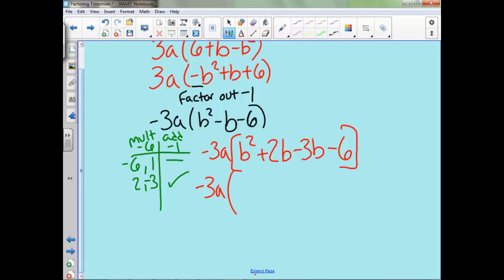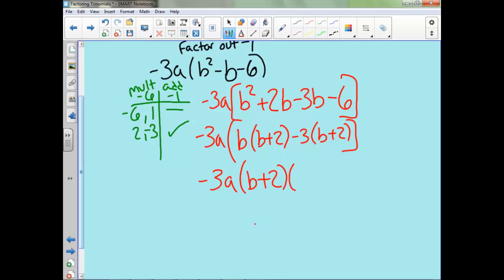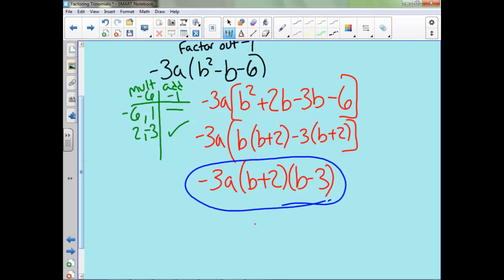And so out of the first two, we can factor out a b. Now these second two, we can factor out a negative 3. So then we've got b plus 2 and b minus 3. Once again, keep in mind if you wanted to check with multiplication, that's fine. You should get where we started.